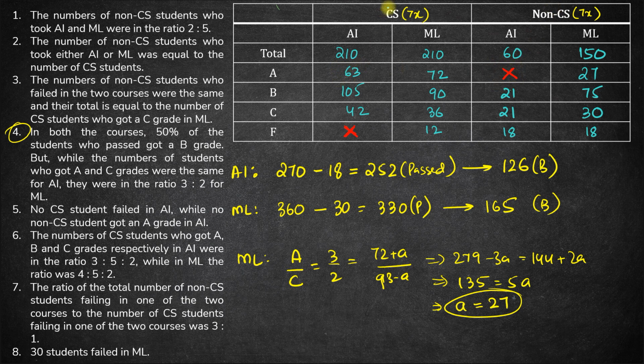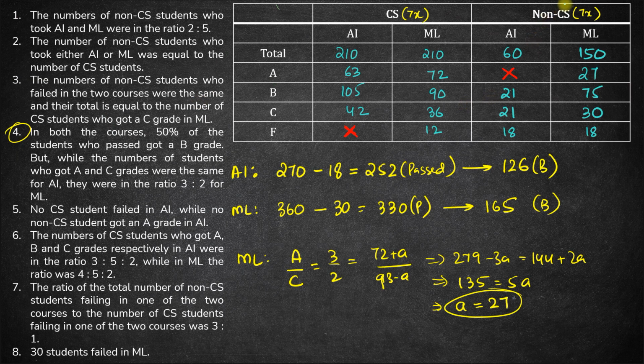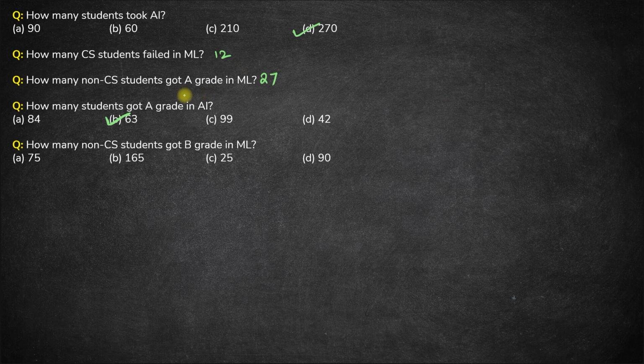Only 63 CS students got A grade in AI. So the answer here will be option B, 63. And last question, how many non-CS students got B grade in ML? Okay, so non-CS students B grade in ML, this number is 75. Option A is the right answer here, right?